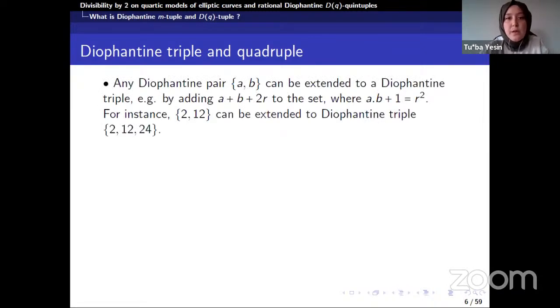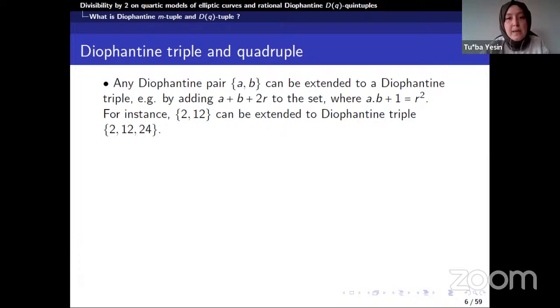If we have a Diophantine pair a, b, it can be extended to a Diophantine triple by adding the number a plus b plus 2r, where r satisfies this equality. As in this example, using 2 and 12, if we add 24 to this set, we get a Diophantine triple.